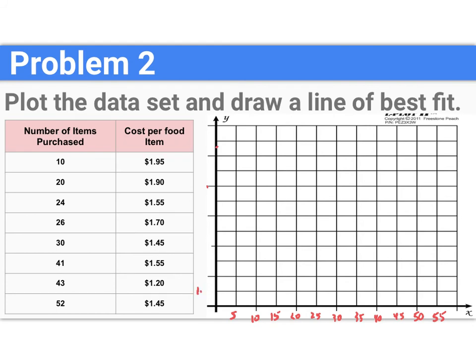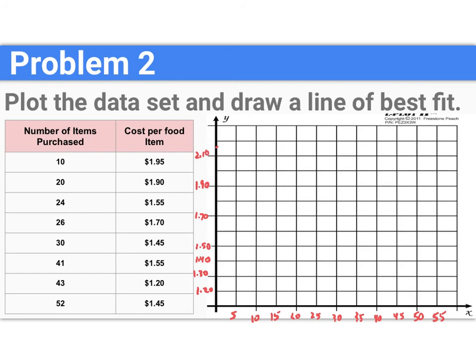So let's count this: 120, 130, 140, 150, 170, 190, 210.